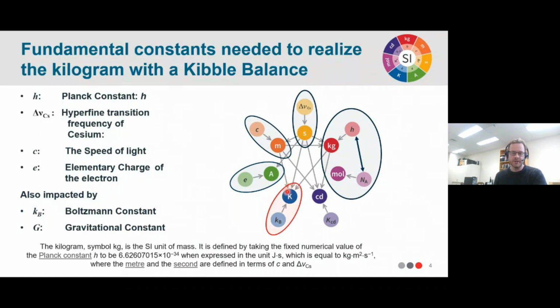To a lesser extent, we need to know temperature, and that's now tied in the new SI to the Boltzmann constant. We don't actually have to put in a number for temperature, but we do need extremely stable measurements for temperature, so that really matters to us. The last of the seven units, the candela, we don't really worry about too much.